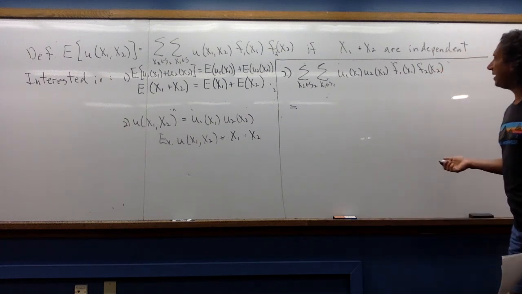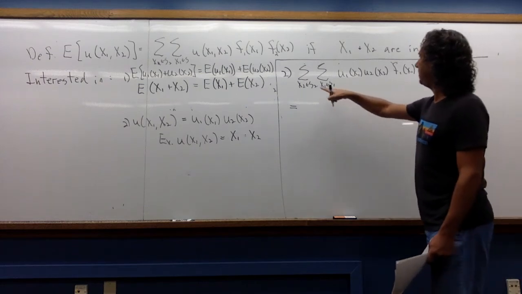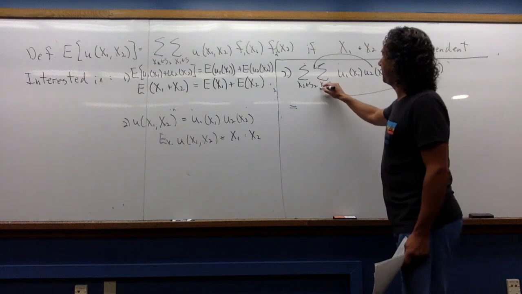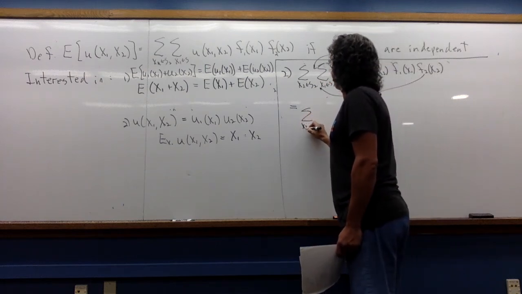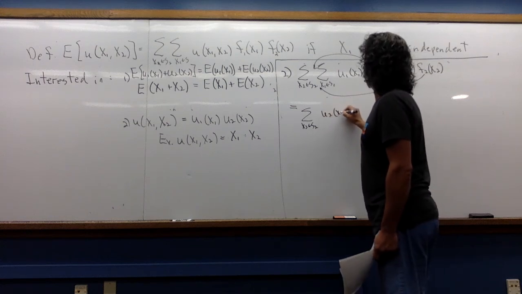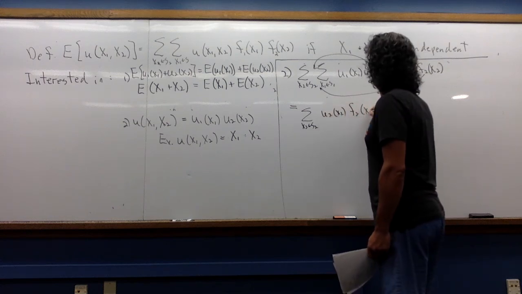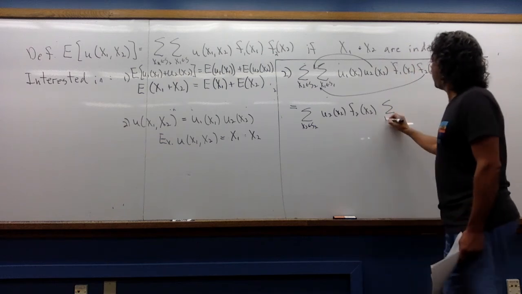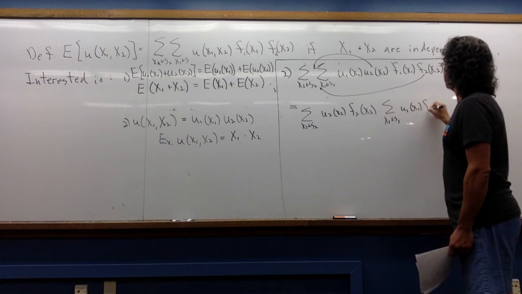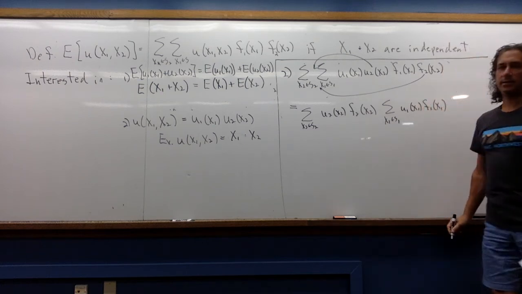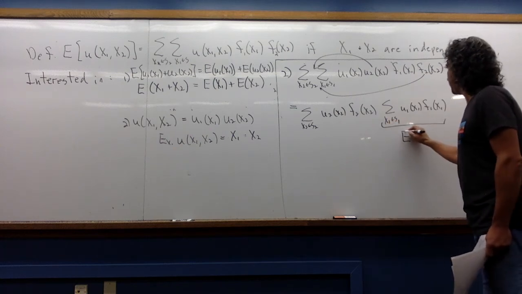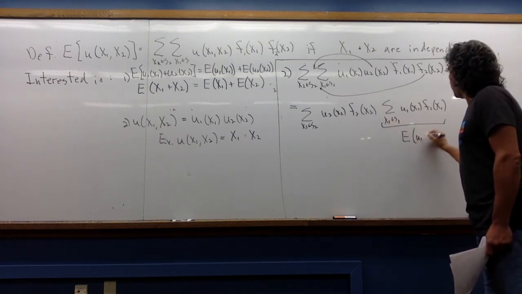So hopefully you gave that a shot, and looking here, I guess I can pull out this guy, and I can pull out this guy. So this becomes the sum of u2 of x2 times f2 of x2 times the sum of u1 of x1 times f1 of x1. And boom, we're pretty much done. This, by definition, is the expected value of u1 of x1.